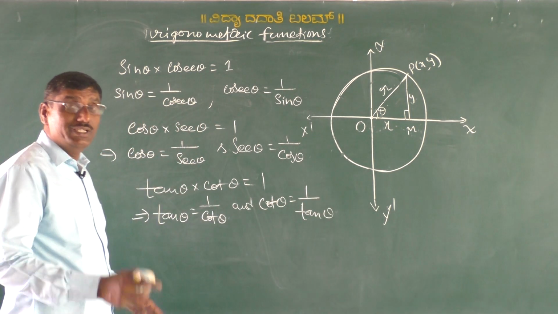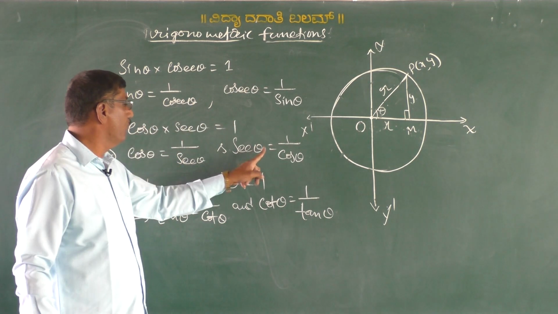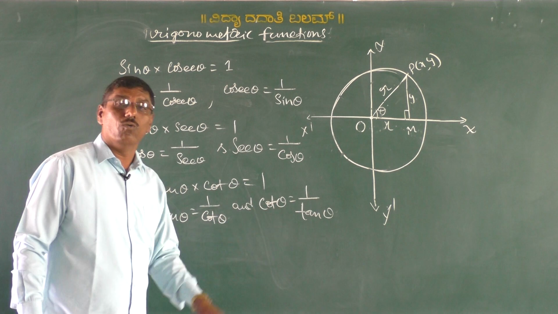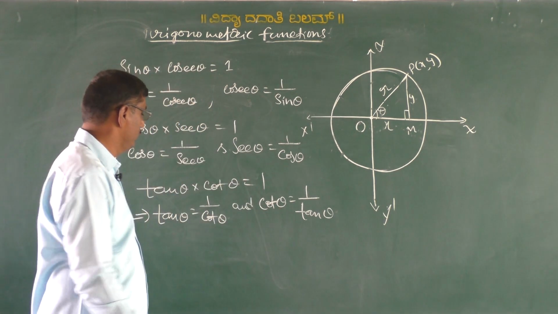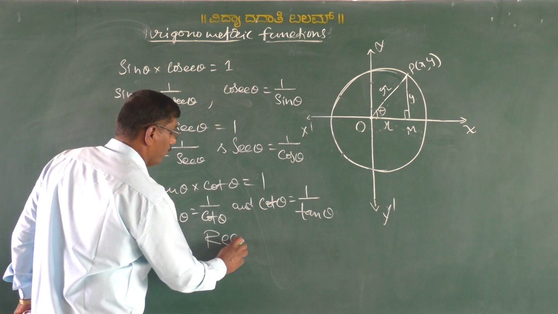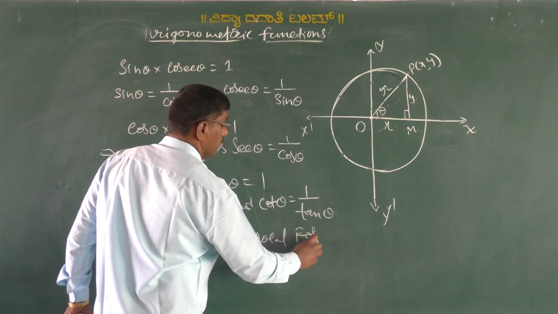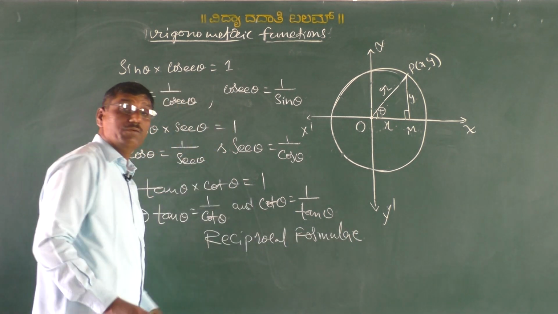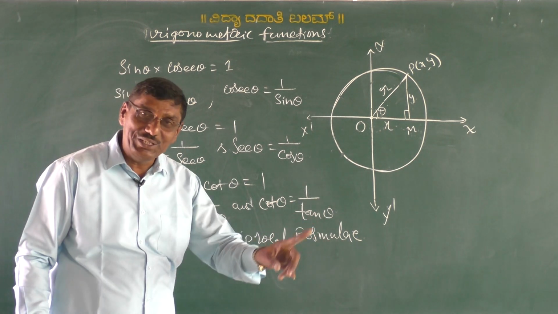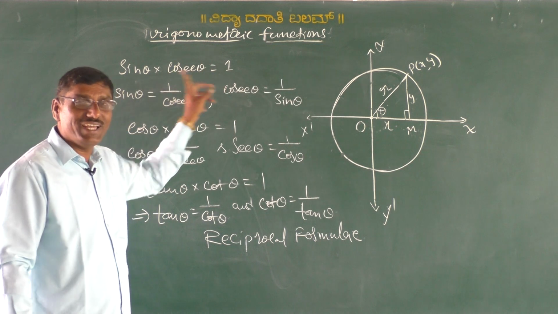Now, these six, that means 1, 2, 3, 4, 5, 6, we call reciprocal formulae, since they are reciprocals to each other.